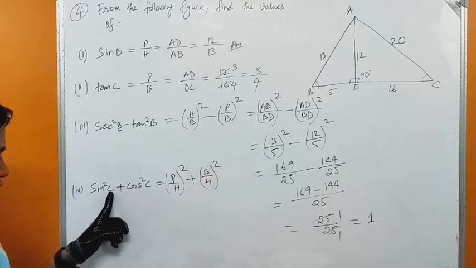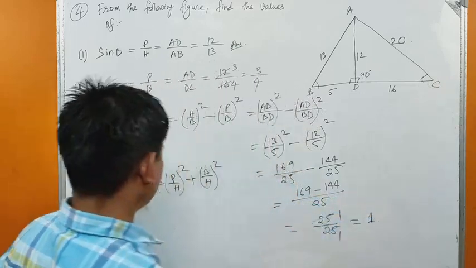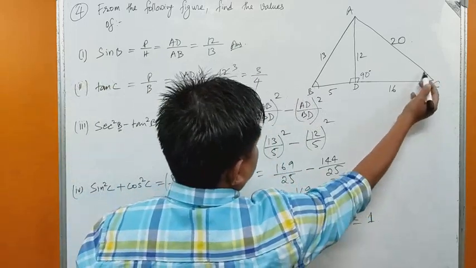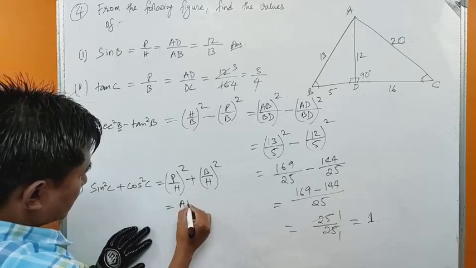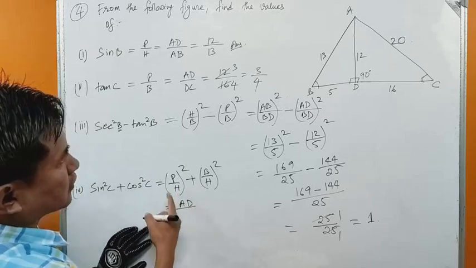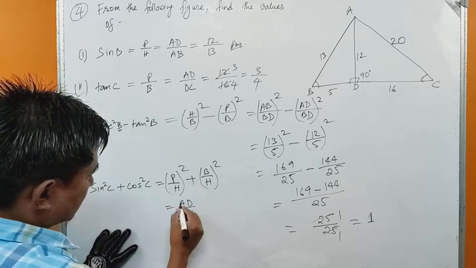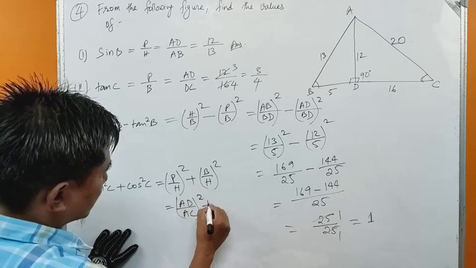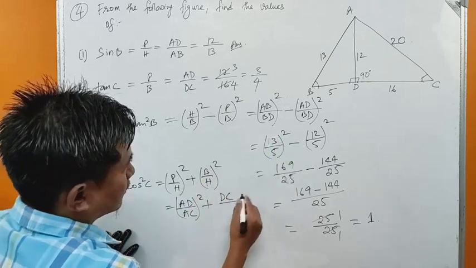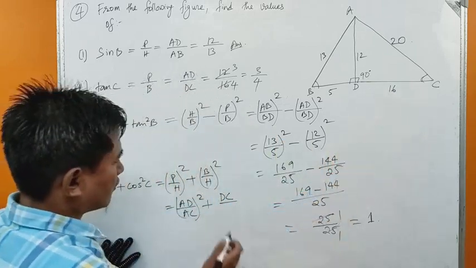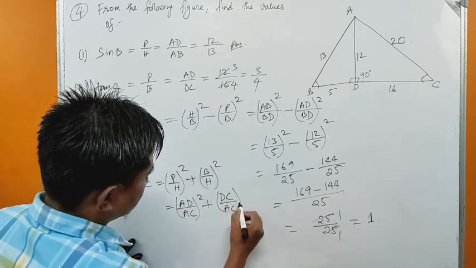Now we are talking about angle C. Perpendicular is AD, hypotenuse is AC. AC whole squared plus base, which is DC, upon hypotenuse AC, whole squared.